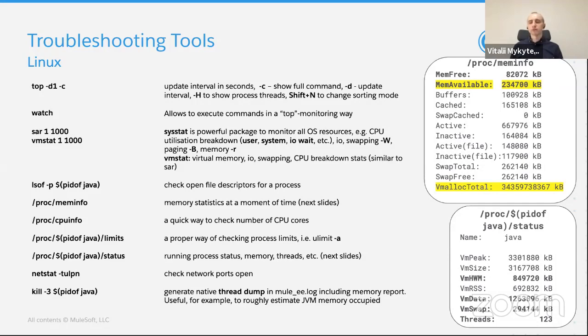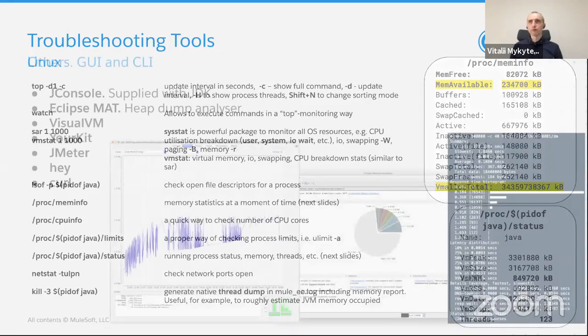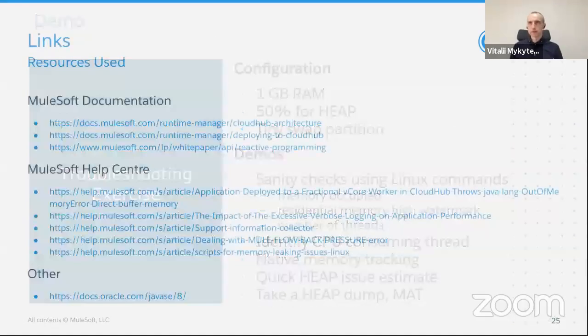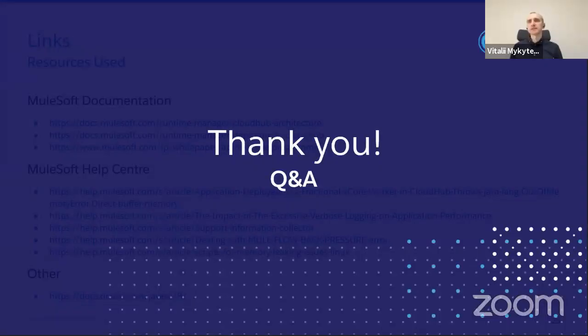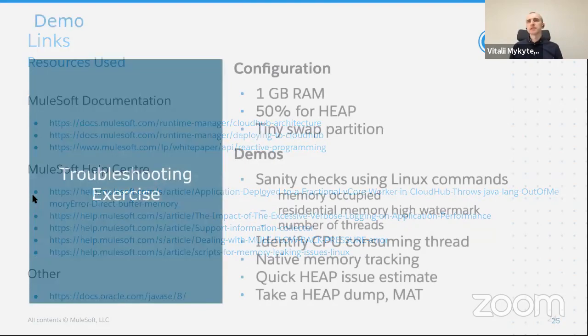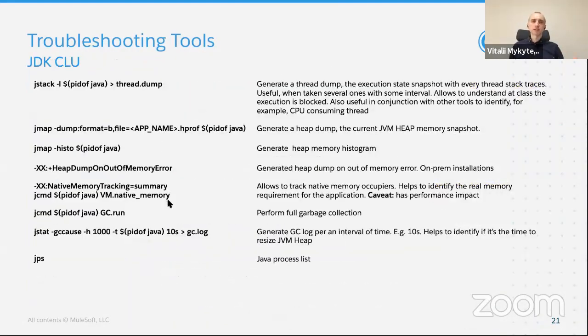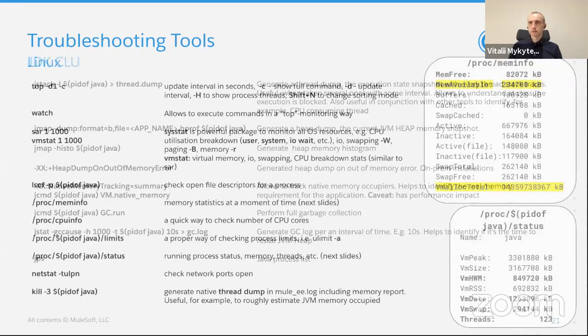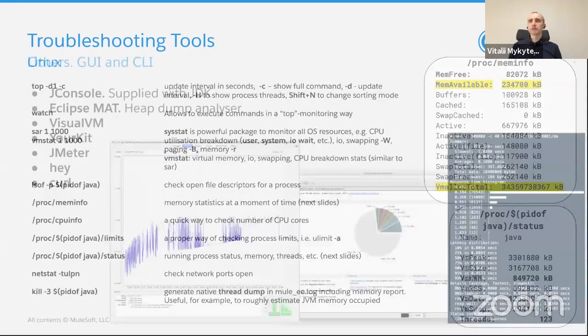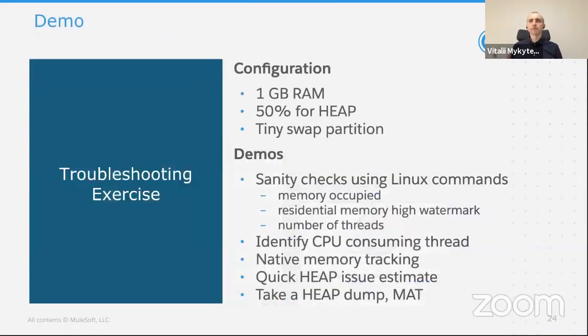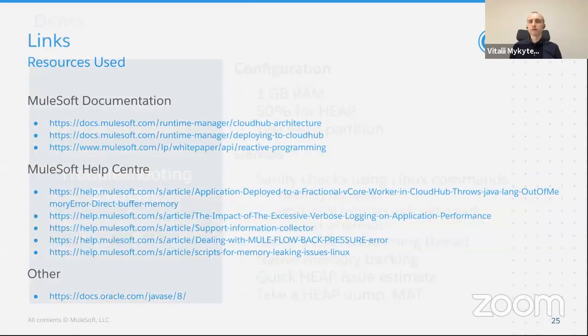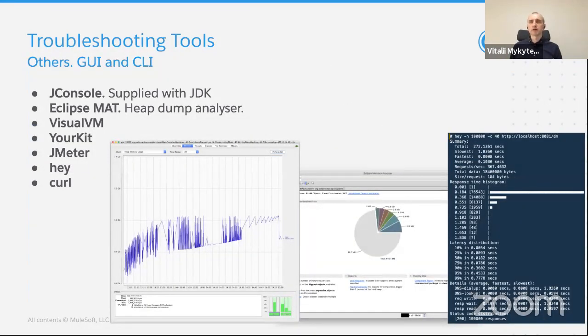And one of the most important tools I mentioned here, which works everywhere on any operating system, is JCMD with native memory tracking enabled. As I mentioned during the presentation, none of the visual tools like VisualVM, YourKit, Eclipse, JConsole report direct memory allocation.